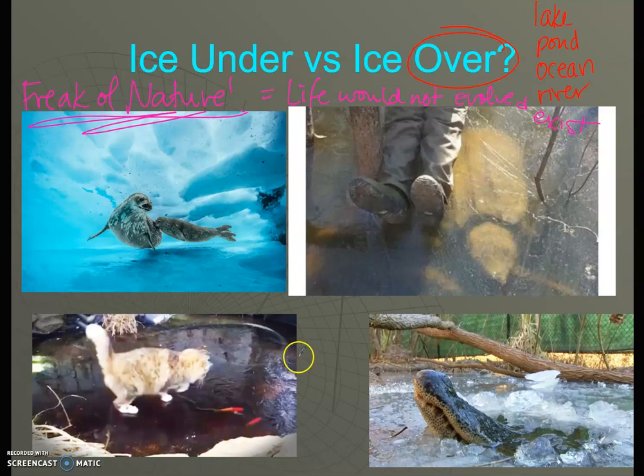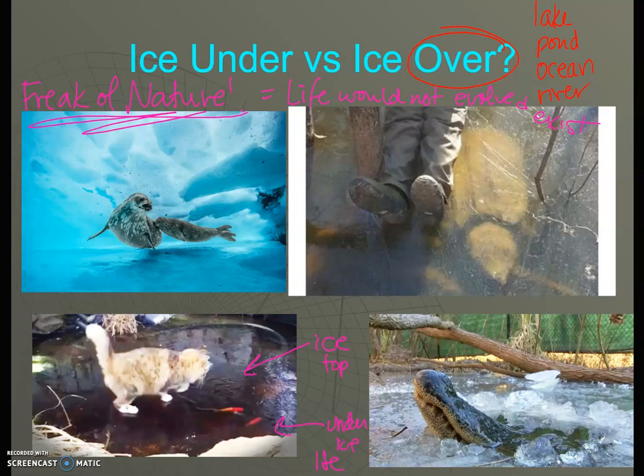If in a pond you had ice on top, like you have now, everything can live underneath it. Okay, this little fluffy kitten can try to go and get the koi fish, and the koi fish are okay. And I don't know if you've seen any YouTube videos of this, it's like really crazy. But under the ice, life can still exist. If not, what would happen?